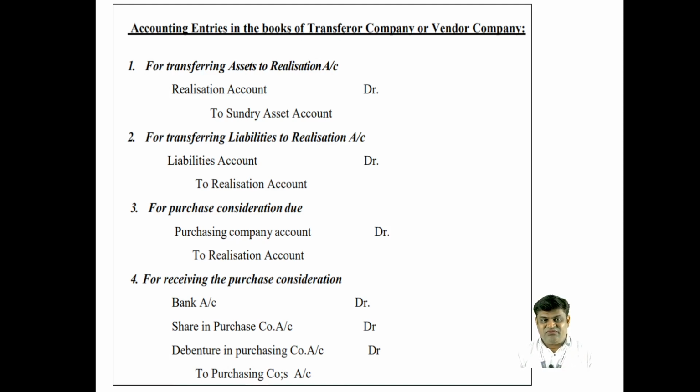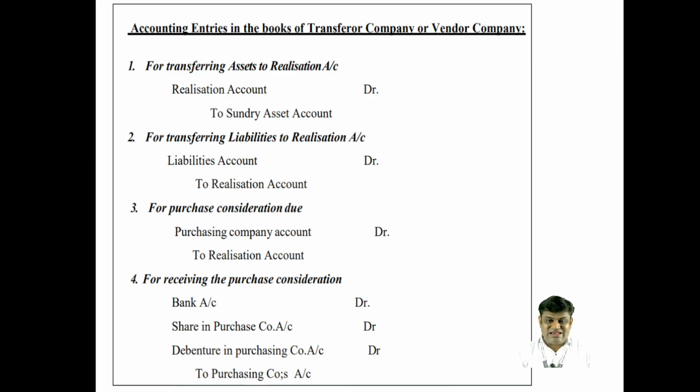So, what is the first entry for transferring the assets to realization account? As you can see on the slide, the realization account is debited and the sundry assets account is credited. This is very simple. Why is the sundry assets account credited? In the books of the vendor company, the assets lie on the asset side of the balance sheet, and the asset side shows a debit balance.